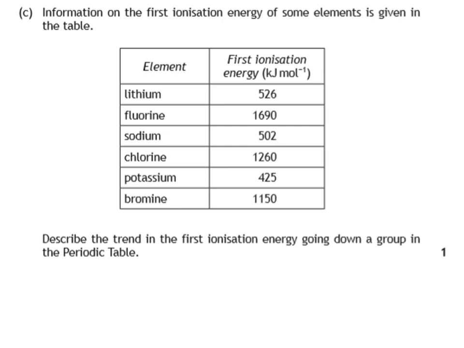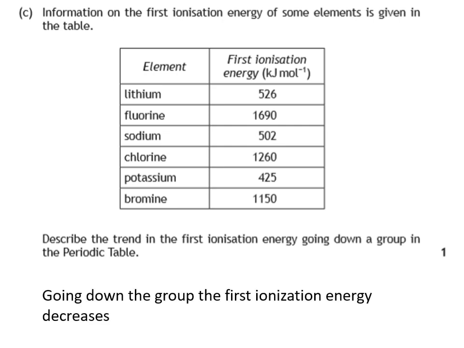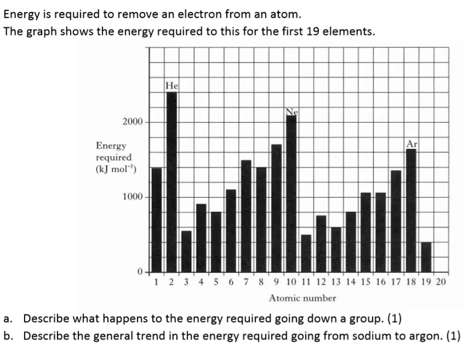You should notice that the trend for both groups is that as you go down, starting from the top, lithium for example, going down to sodium, the ionisation energy drops, and then going further down to potassium, it drops again. So our answer is that as you go down the group, the first ionisation energy decreases. Okay, next question. Again, pause the video, have a read, and when you're ready, unpause.